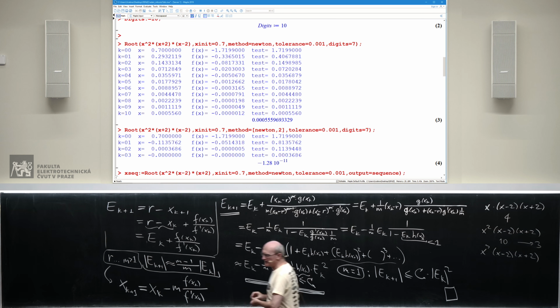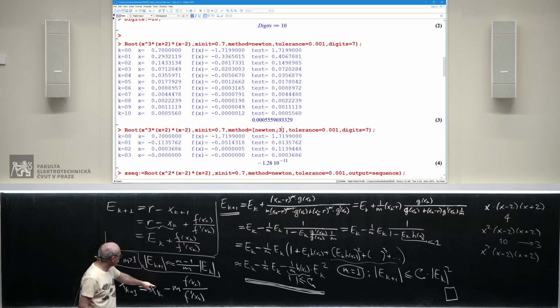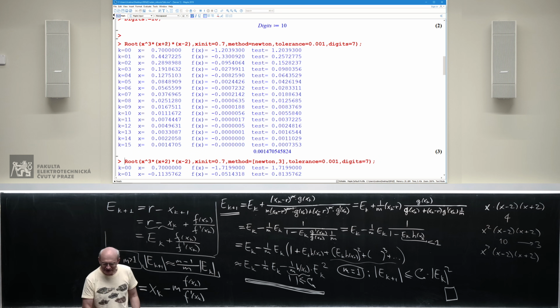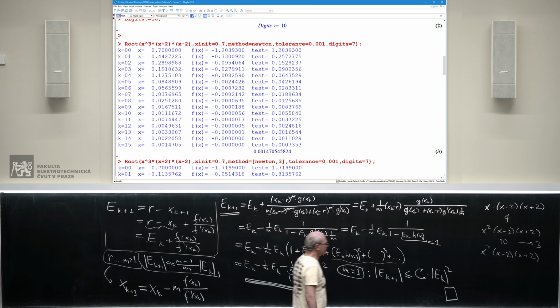Let's try with cube. So first I'm going to increase the multiplicity to 3 in both commands, and then I change the Newton method to variation when m is equal to 3. So let's run the original Newton method, just like that. The method is Newton for x cubed, a root of multiplicity 3, and it takes 15 iterations.